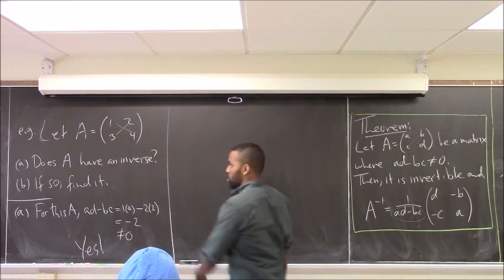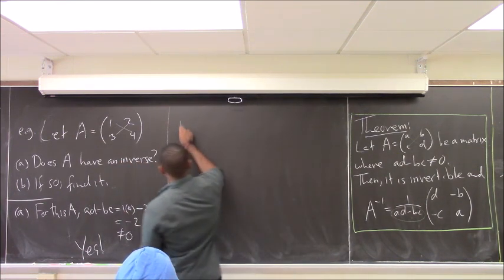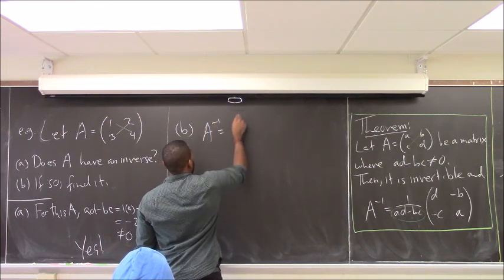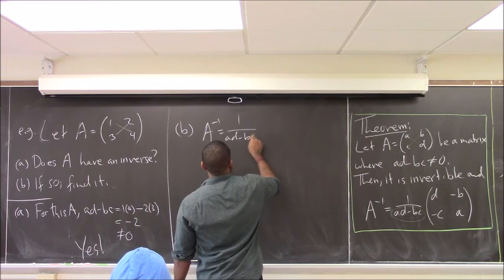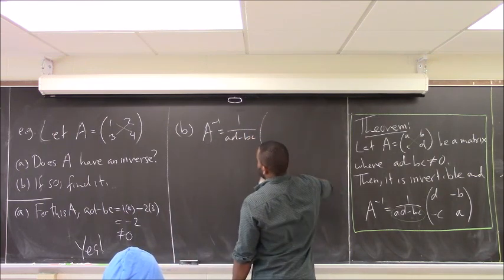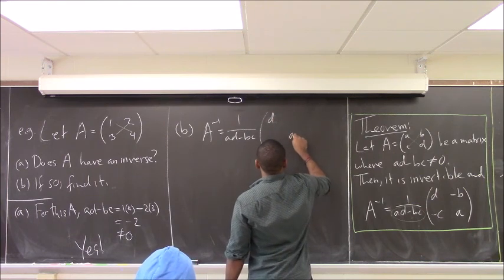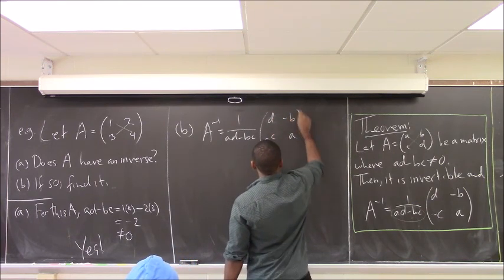Well, if it's a 2 by 2, I say we're going to use the formula. So we're going to do A inverse equals 1 over AD minus BC. Swap the guys on the main diagonal. Subtract the guys over here.